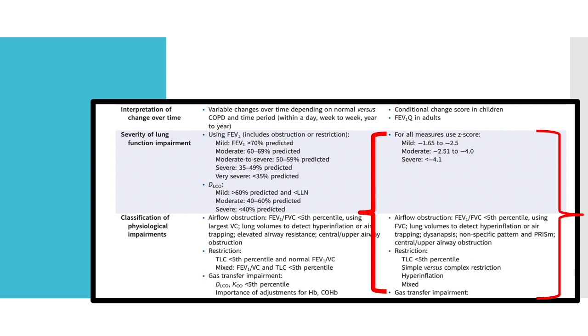Now again, airflow obstruction is still a reduction in FEV1 FVC ratio with the use of lung volumes, but there are new terminologies and new classifications such as dysanapsis, non-specific pattern, PRISm, and restriction has also been further categorized into simple versus complex restriction and mixed restriction. So this is a lot of change in terminology, and we'll be talking about this change in the coming few minutes.